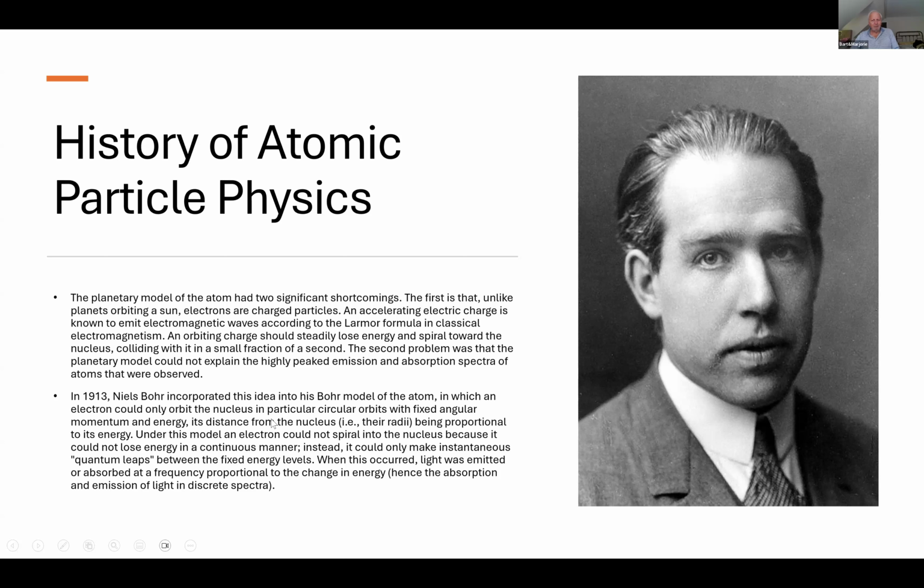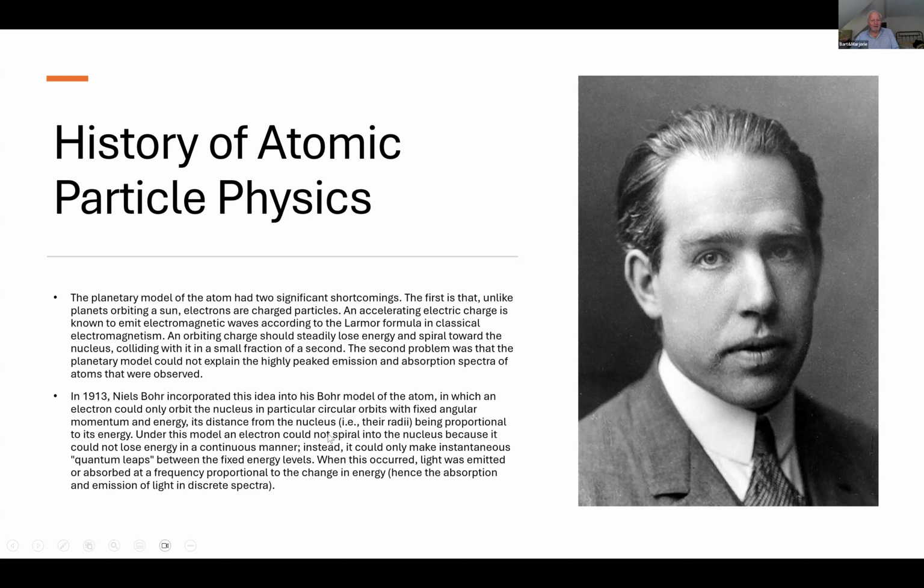So in 1913, Niels Bohr incorporated this idea that an electron could only orbit the nucleus in particular circular orbits with fixed angular momentum and energy, and its distance from the nucleus was proportional to its energy. So under this model, an electron could not spiral into the nucleus by definition.